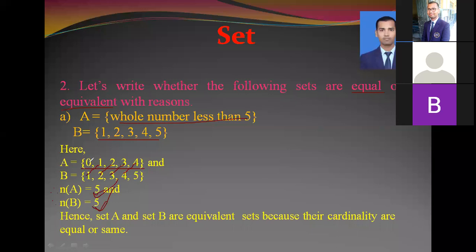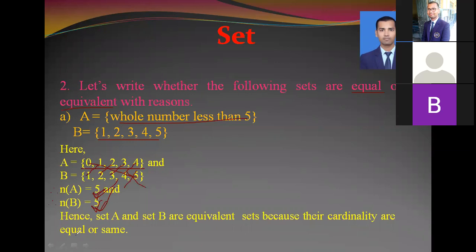That's why 0 and 5 are odd ones out. They do not have any match. That's why they have only equal cardinality. Hence set A and set B are equivalent sets, because their cardinality is the same.